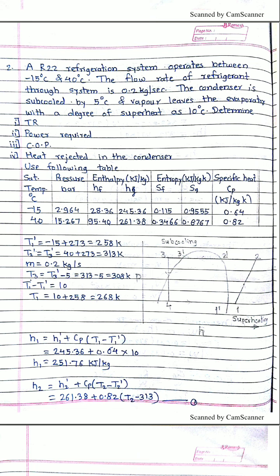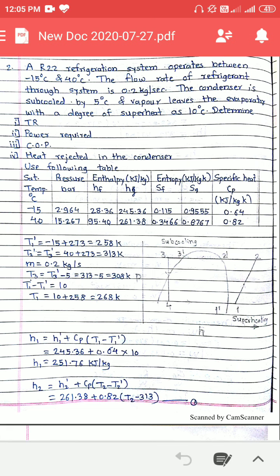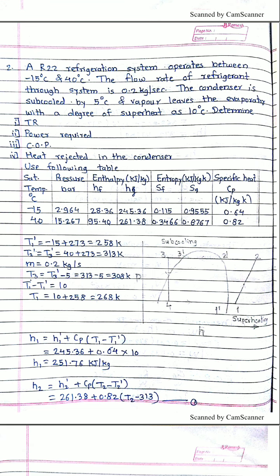Now again H2 dash is the point on the condenser pressure line which intersects the saturated vapor curve. So the saturation temperature at the condenser pressure is 40 degrees Celsius, and at that 40 degrees Celsius the vapor side enthalpy is 261.38 plus Cp on that same line, 0.82, into bracket T2 minus T2 dash, which is 313 Kelvin.